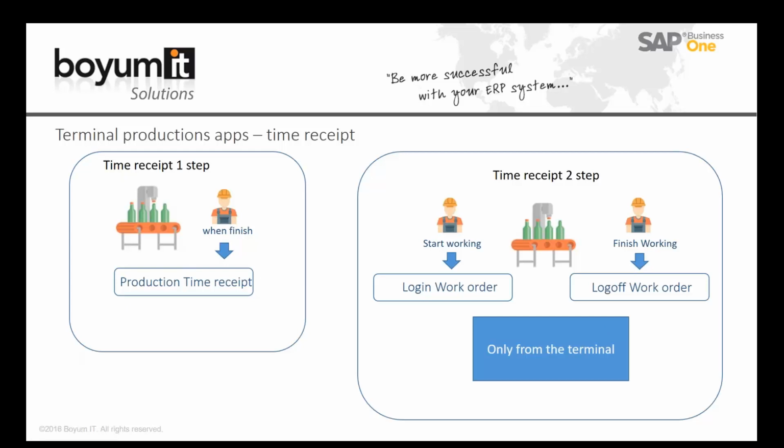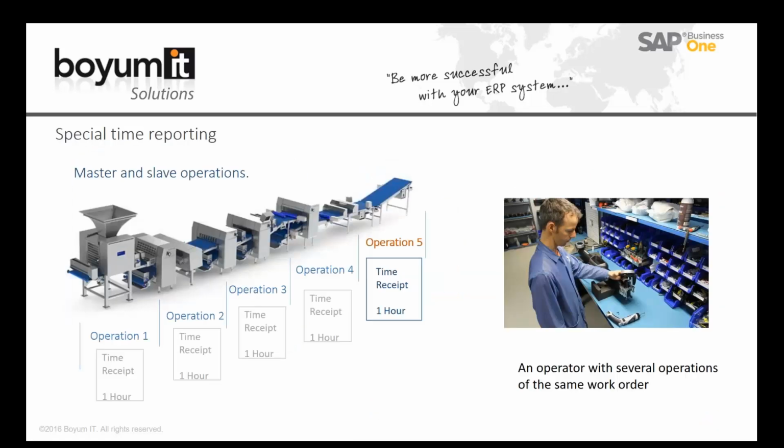Today we are also going to check 2 special cases of reporting time, using our master and slave operations. Sometimes we have scenarios where you have a production line with several operations. All of them are in our routing, like operation 1, operation 2, 3, and so on.